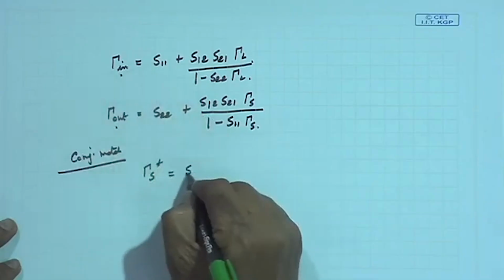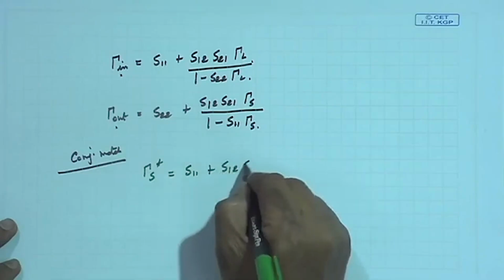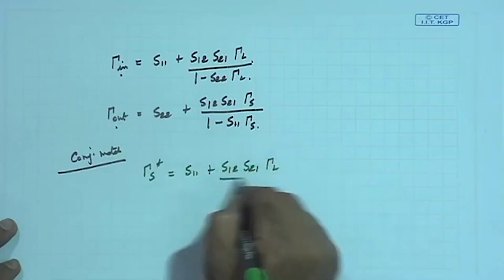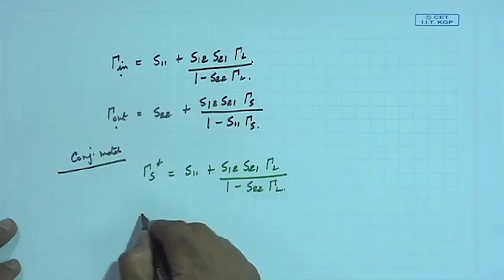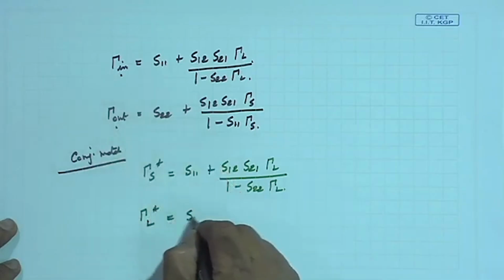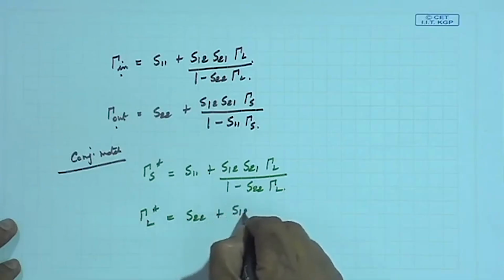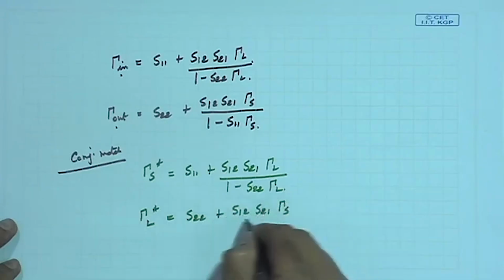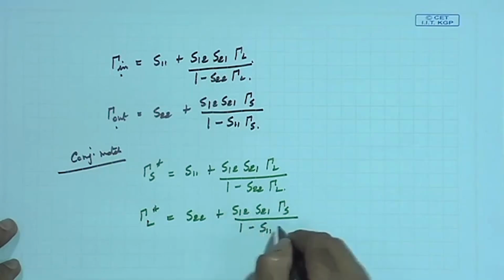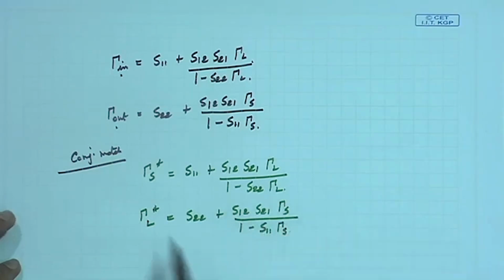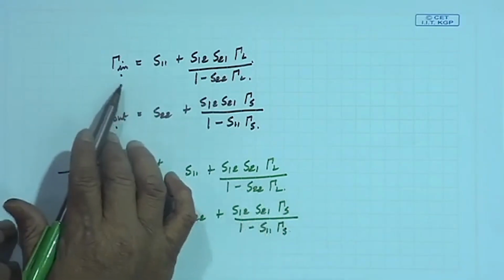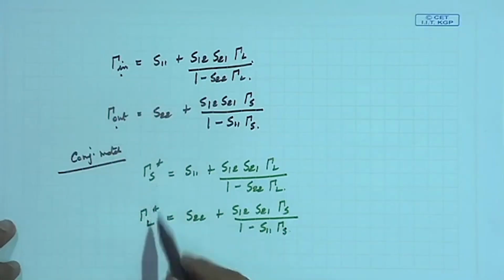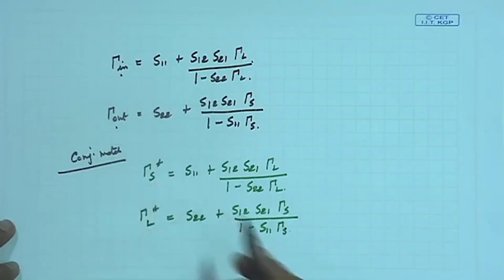So, gamma S star is S11 plus S12 S21 gamma L by 1 minus S22 gamma L, and gamma L star is S22 plus S12 S21 gamma S by 1 minus S11 gamma S. By conjugate matching I have replaced gamma in and gamma out with the appropriate gamma S and gamma L values.